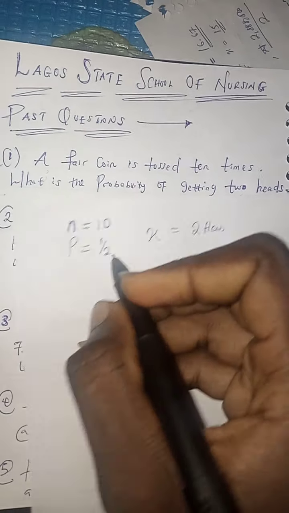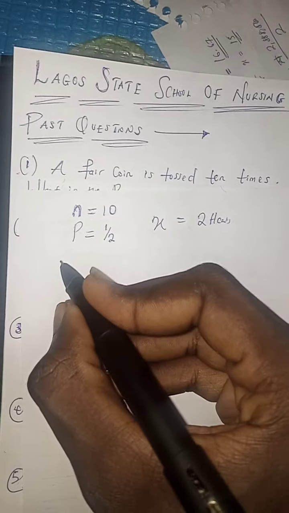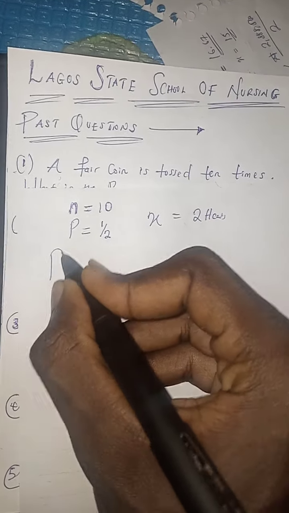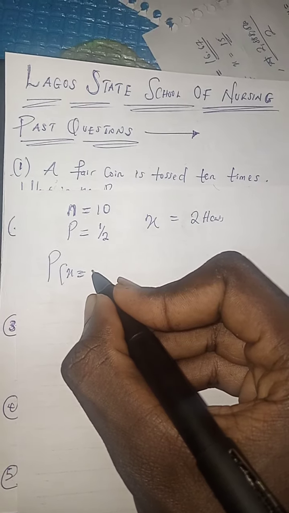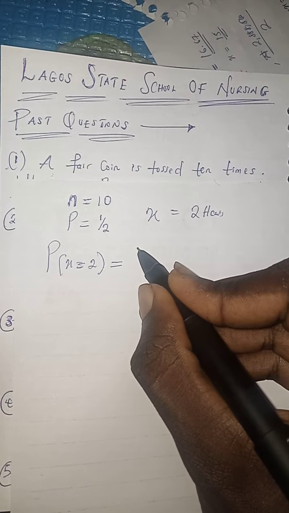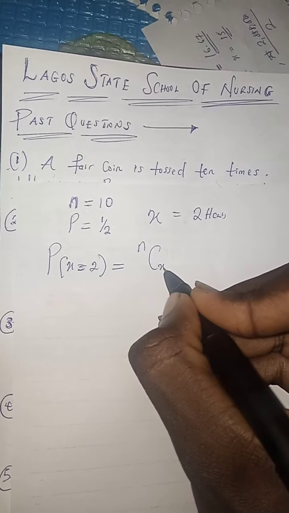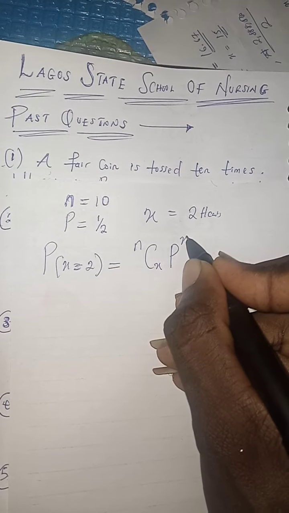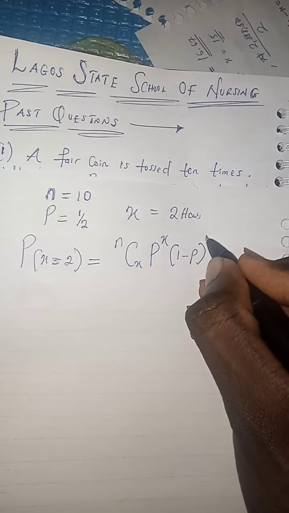Now the question asks us to find the probability of getting 2 heads. The data given follows a binomial distribution, so the probability of x equals 2 is given by the formula n combination x, p raised to the power of x, then 1 minus p raised to the power of n minus x.